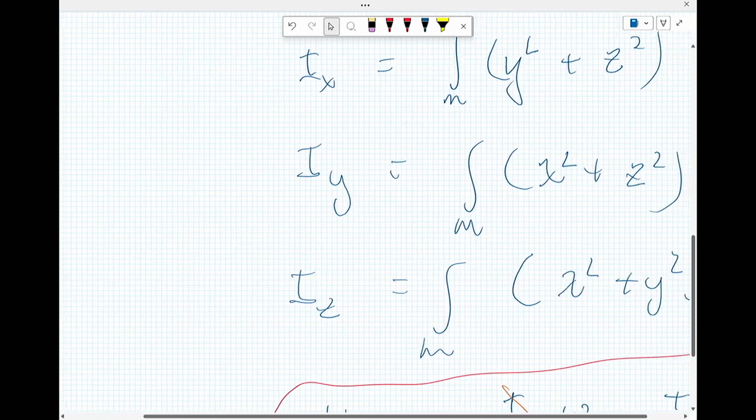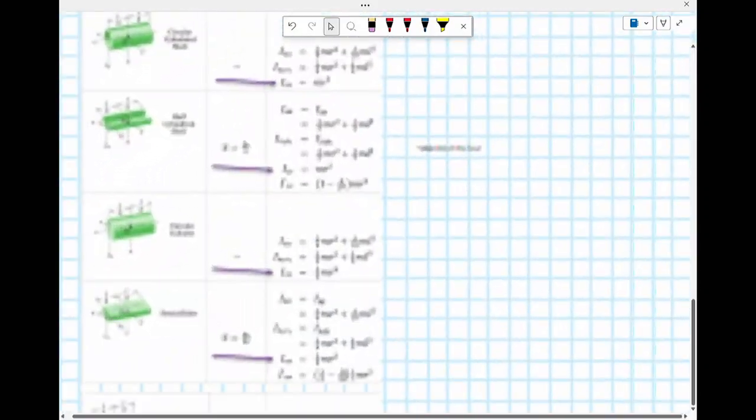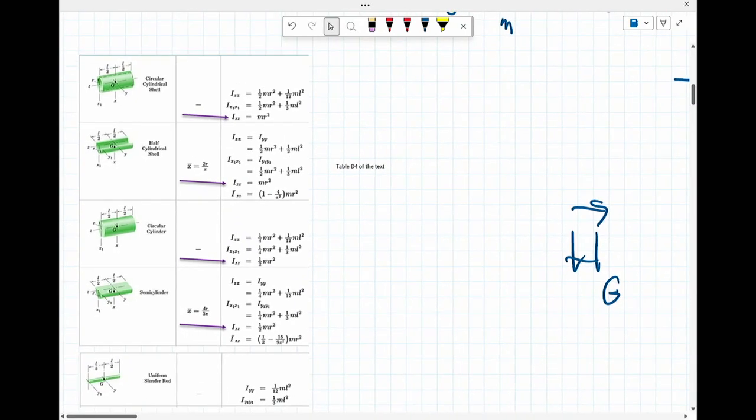But I want to find my tables. There. So table D4 in the text is really useful, and at this point you really should be spending time putting together that final exam crib sheet that you need to finish with. And let me just zoom it out a tiny bit more there. Here you have circular cylindrical shell.